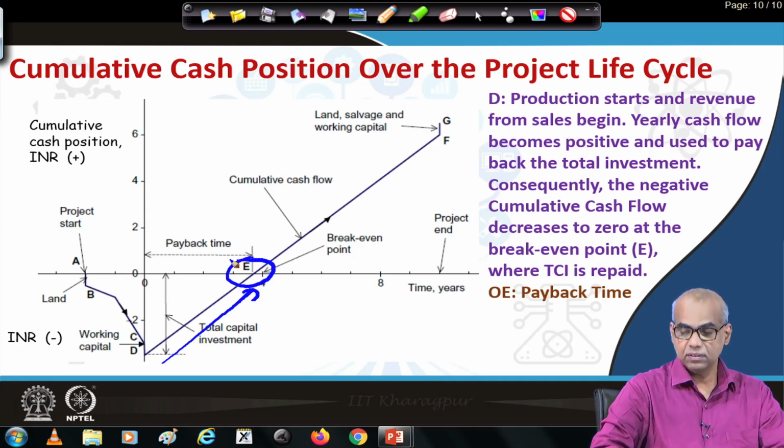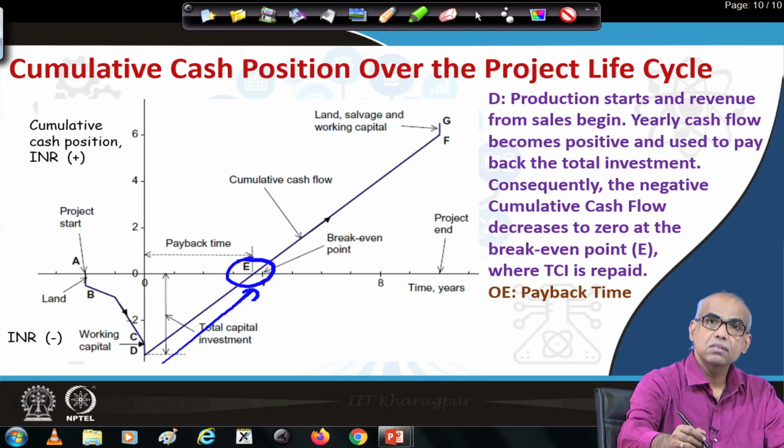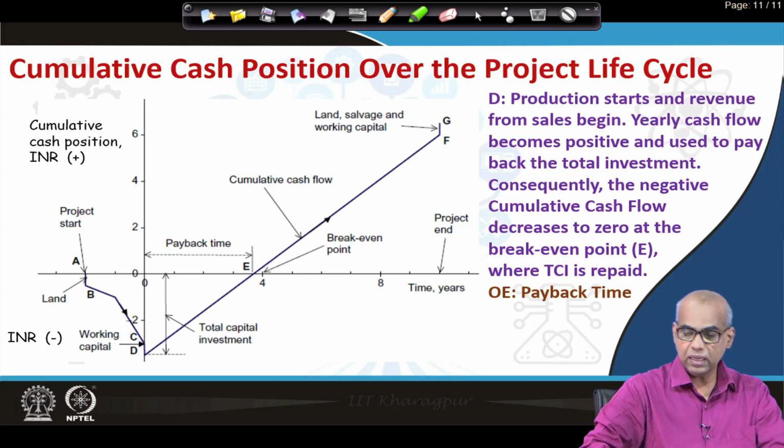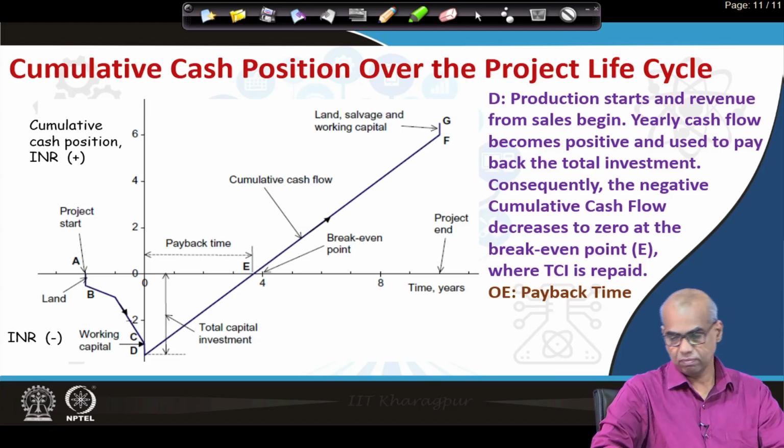This is the point where you have completely repaid the total capital investment. So, point E represents the break even point at which you have completely repaid the total capital investment.